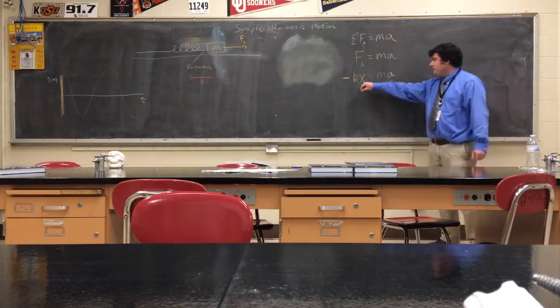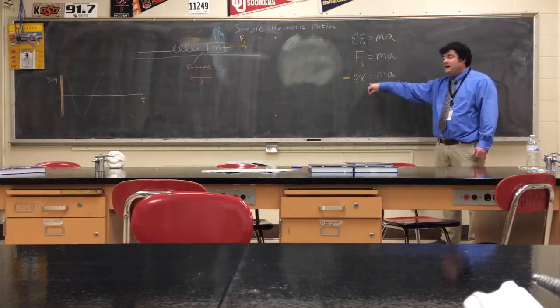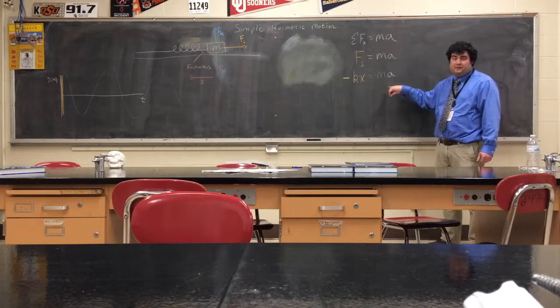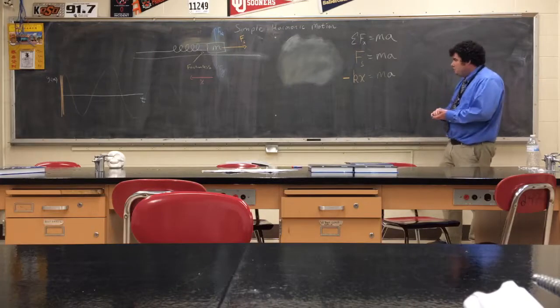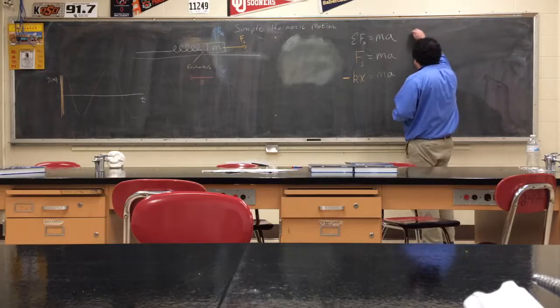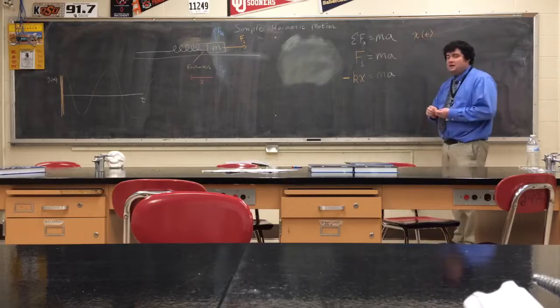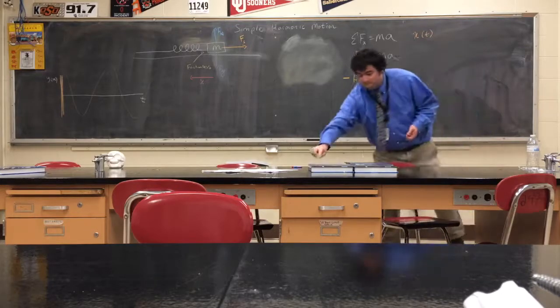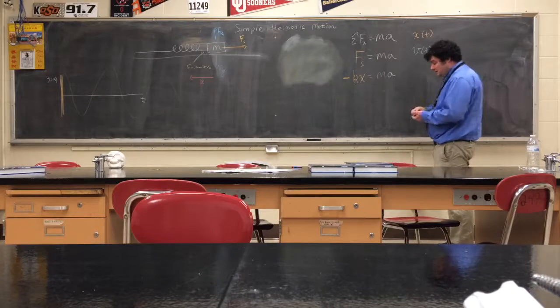This is telling me that x is proportional to a, but not just a, the opposite of a. That's a huge deal, because x and a have a relationship. If you have a position function, x of t, and you want to get the velocity function, what's v of t? Well, we know we take the derivative.